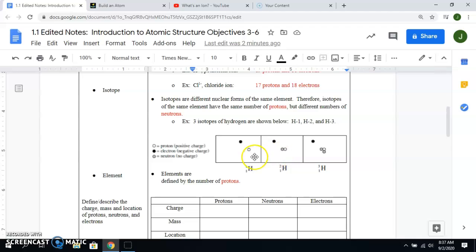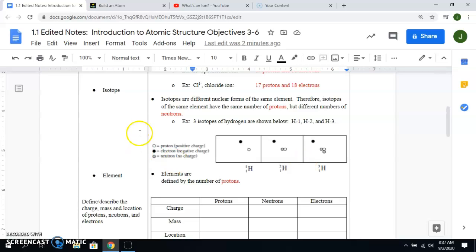Said another way, the mass only comes from protons and neutrons. So because there's only one proton in here, mass is in the upper left-hand corner. We've got a mass of 1, a proton and a neutron, a mass of 2, 1 proton, 2 neutrons, a mass of 3, particles in the nucleus. So again, isotopes of the same element have the same number of protons, but different numbers of neutrons.